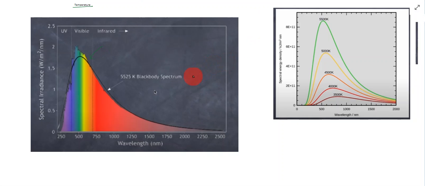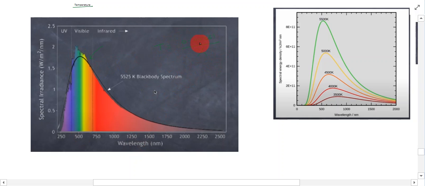So we can use a law called Wien's law, and what Wien's law says is that the temperature, represented by T, is equal to a particular constant, 0.00289, divided by the wavelength, and this is the wavelength that has been given off with the maximum intensity.